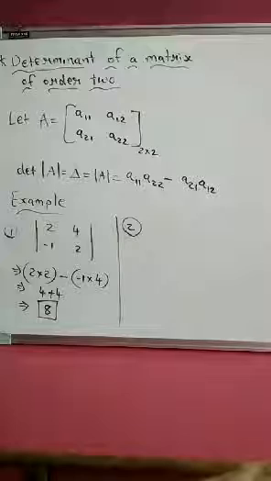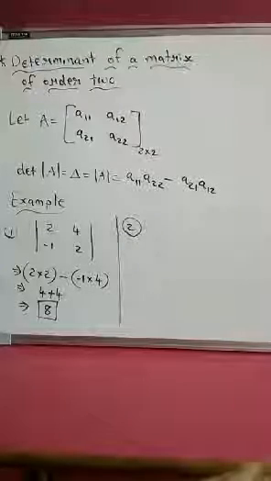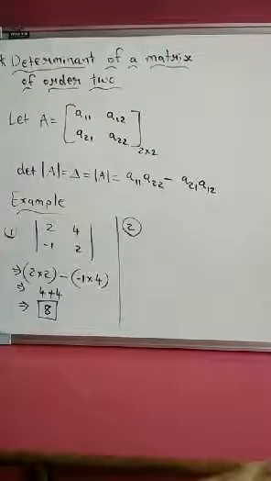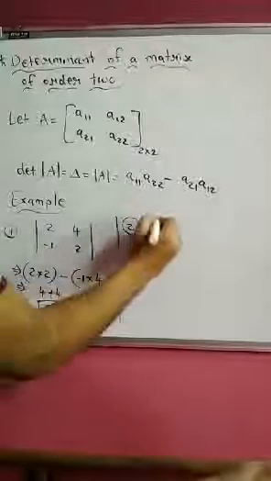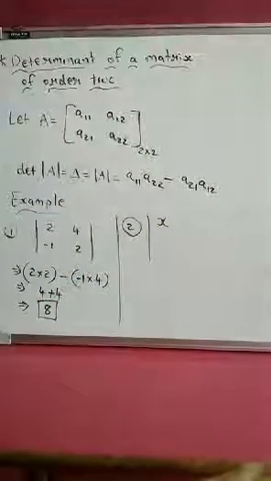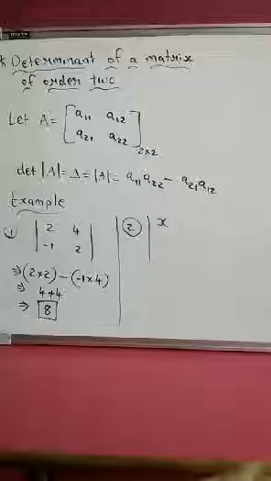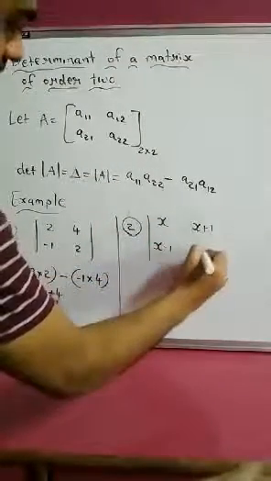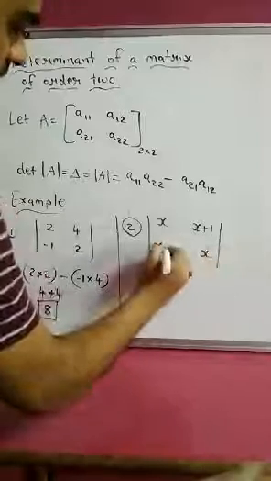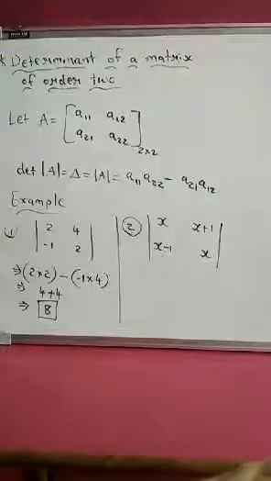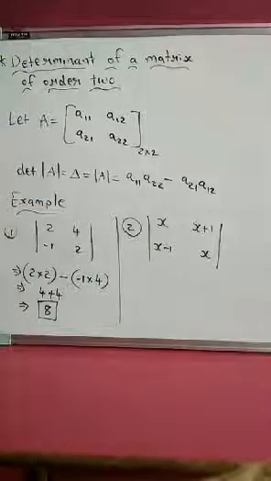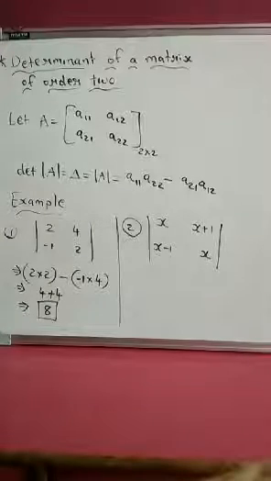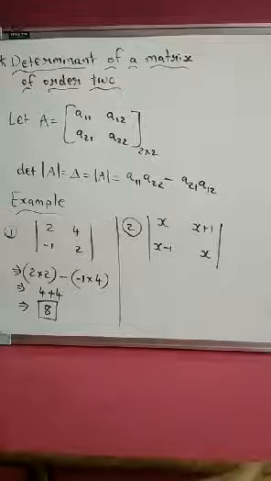Now the second example. Suppose you want to find the value of the determinant with x, x plus 1 in the first row, and x minus 1, x in the second row.